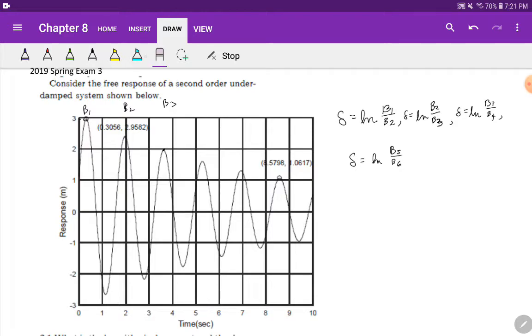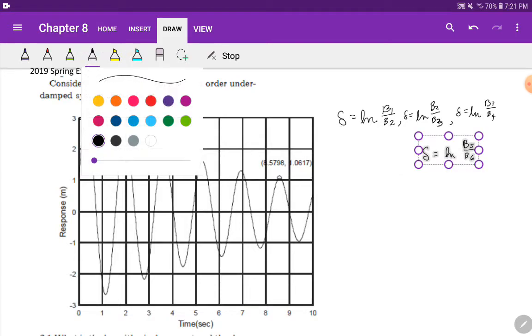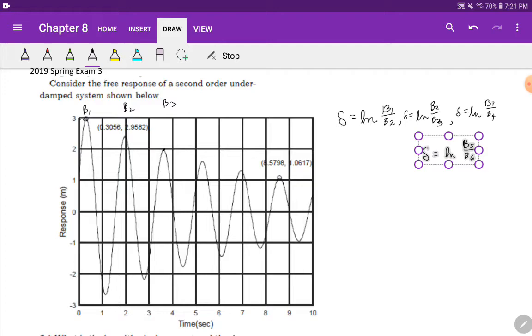I think I just had to write down one more. And delta is also equal to the natural log of b4 over b5.